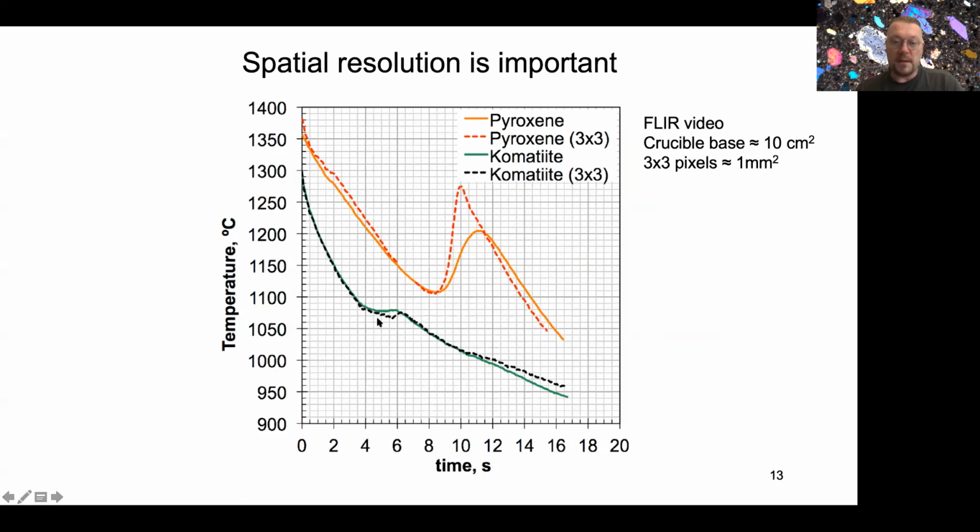The hematite melt heated by a little over 10 degrees, much harder to spot. And in fact, if you average over the whole base of the crucible, you don't really see any heating, but that's because the heating only affects one small area at a time. So spatial resolution is really important to actually seeing this happen.